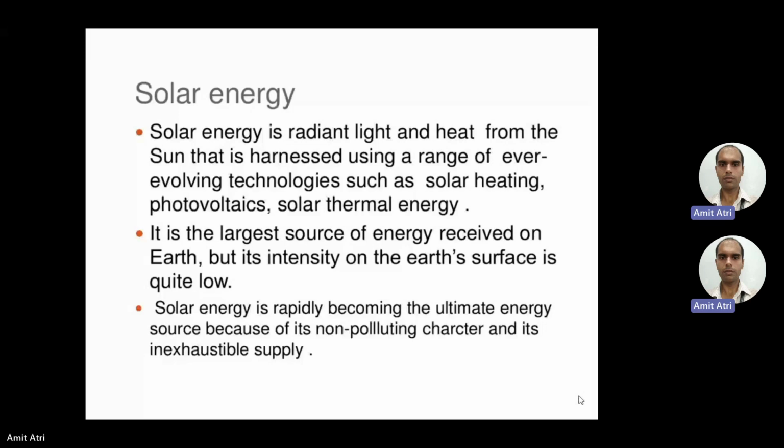Today we will discuss solar energy and the different types of collectors used for collecting solar energy so as to perform some type of useful task.